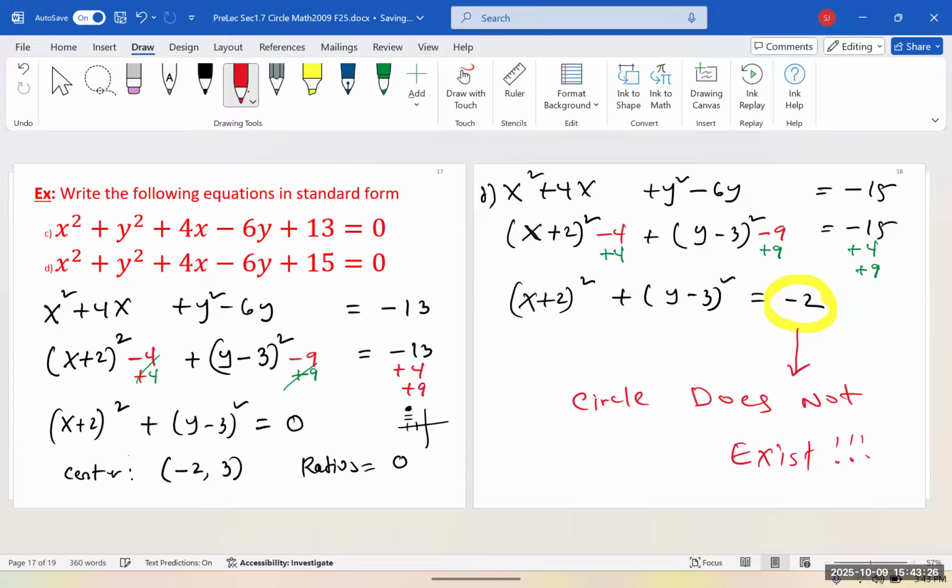There is no way you can draw a circle with this information. It's not possible. Because it doesn't exist, how can you get the center? In order to have a center, first you have to have a circle, or at least a point.